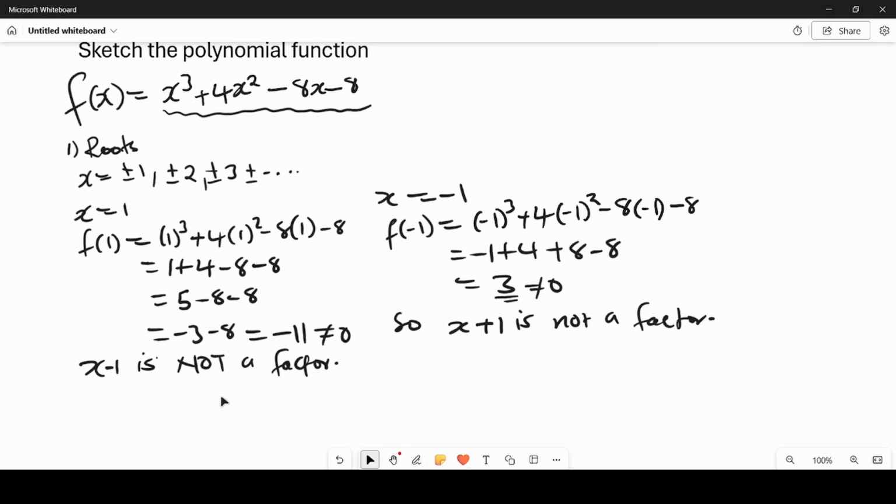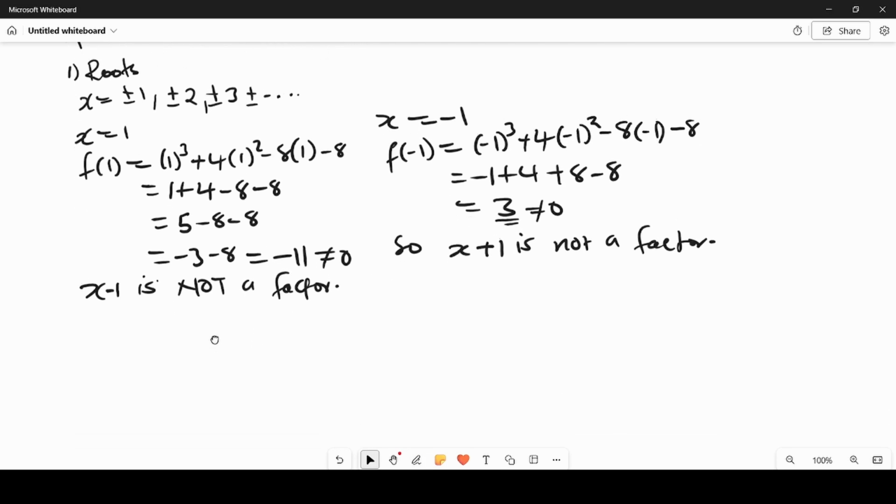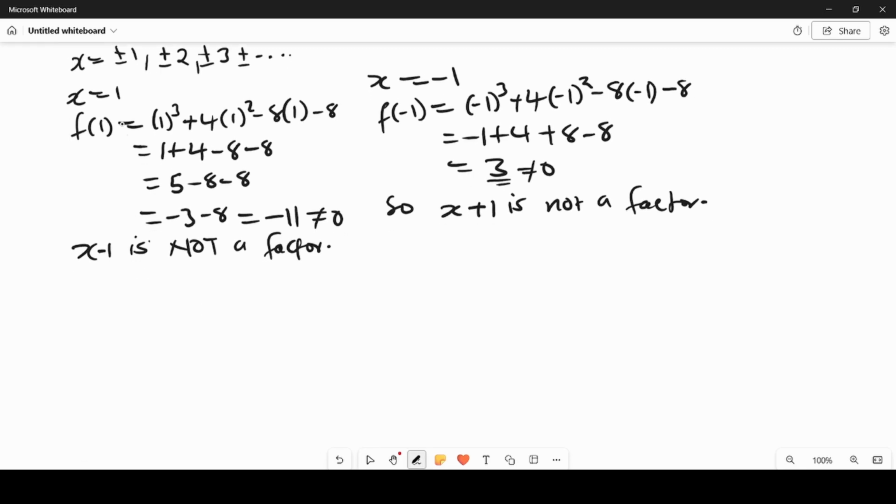So next we will try +2. Let's x be equal to +2, and then find f of 2. What are we getting? We have 2 cubed plus 4 times 2 squared minus 8 times 2 minus 8.